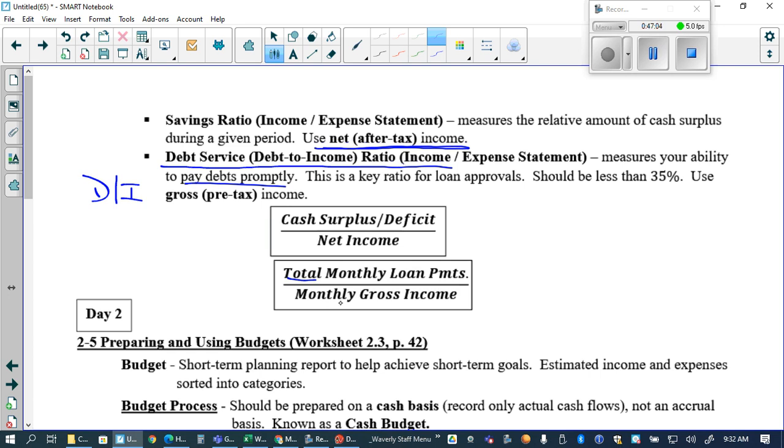And when I was at the bank, we generally preferred to see that number lower than, I think, 36%. Every bank's a little different, but that was our bank's comfort level. If someone was above 36% on this, it means that if we gave them a loan, they could probably get into some trouble and not be able to pay it back. Does that make sense? This basically tells you how able you are to pay back your debt, your loans, especially if we add another payment on there. All right, so that is that for today.